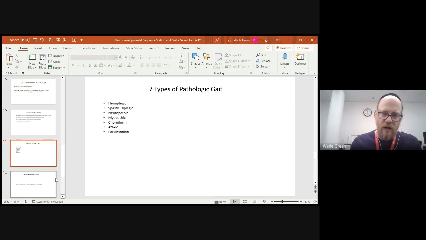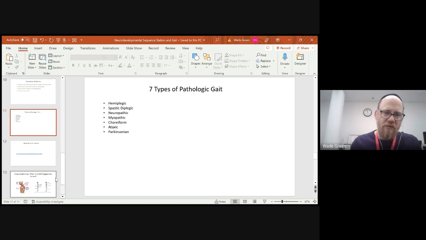We're not going to spend a ton of time on this, guys. There are different gait types. We don't have to spend so much time with these because we won't see them a ton. But I have linked in the next slide a video of various examples of pathologic gait that you might see, maybe not in the traditional setting, but if you work in a clinic, you will definitely see some of these.